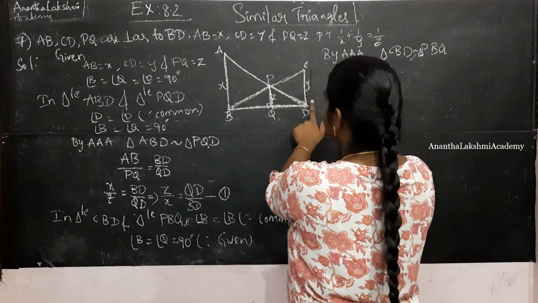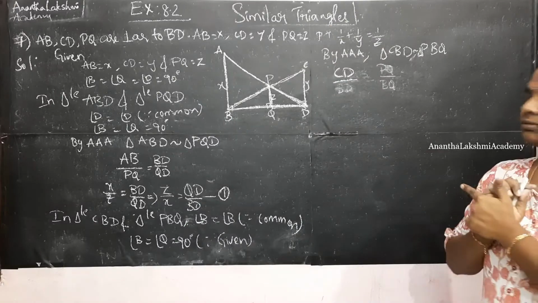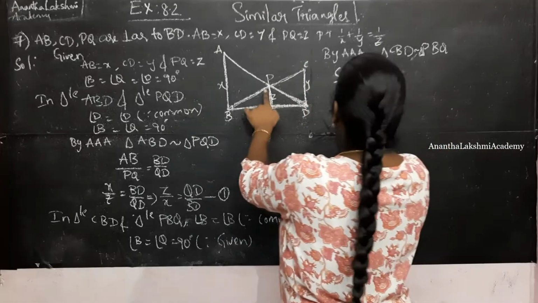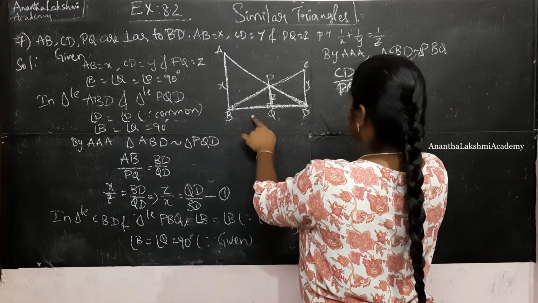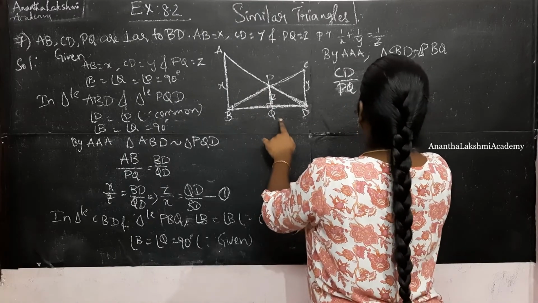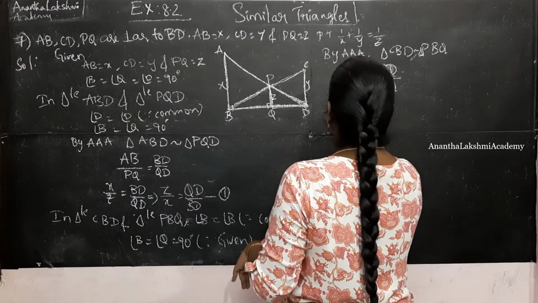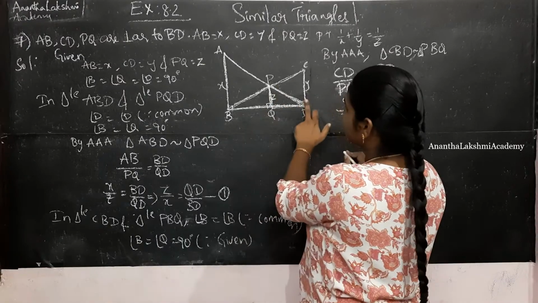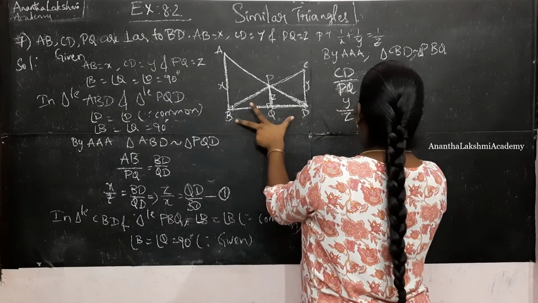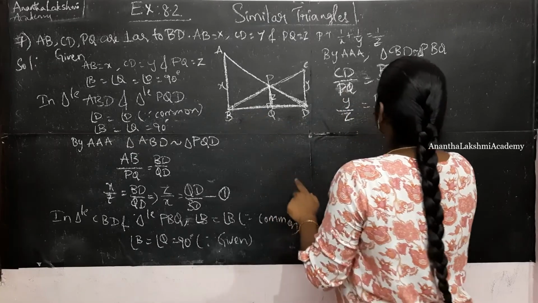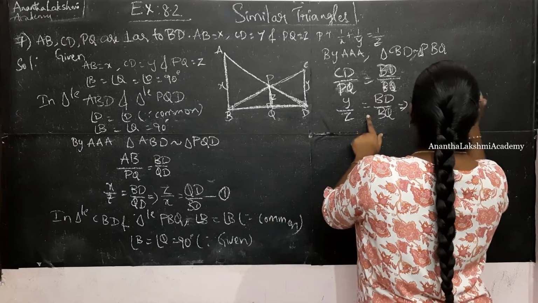CD by PQ is equal to BD by BQ. So CD is nothing but Y, PQ is nothing but Z, BD is the same and BQ is the same. So Z by Y is equal to BQ by BD. Call this equation 2.